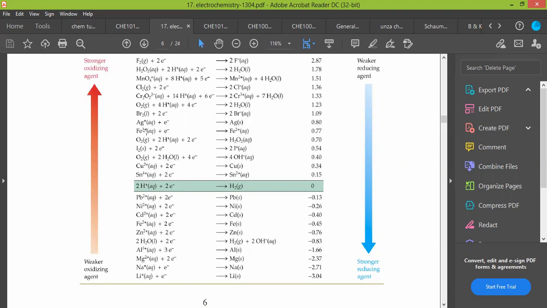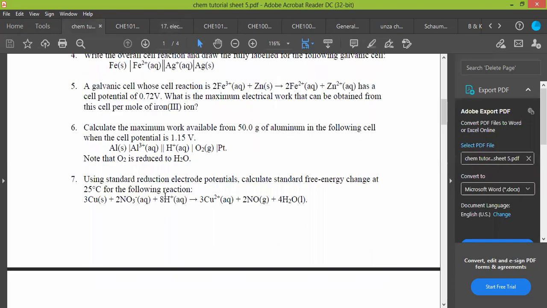There is nothing for the nitrate ion, but going back to the question, it will be the nitrate ion plus H plus to give you NO and the water molecule at the far end.